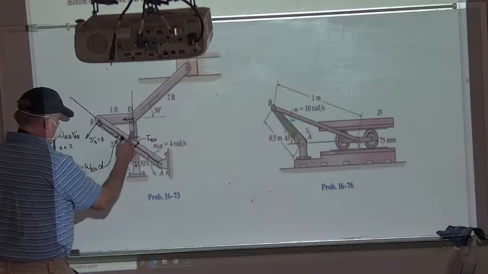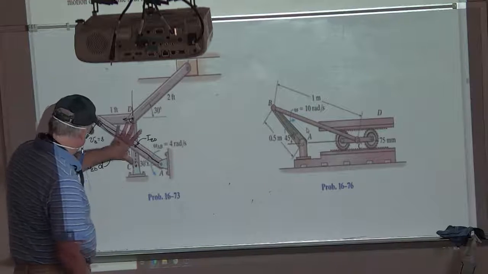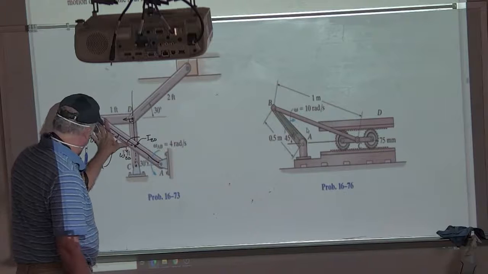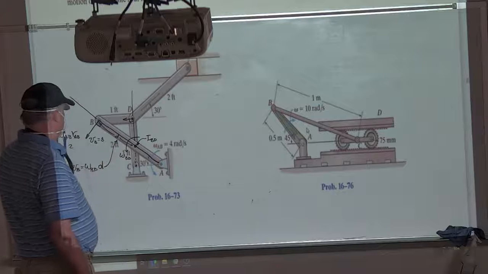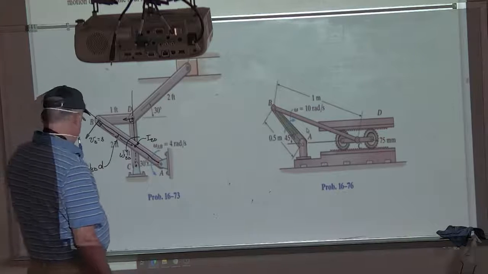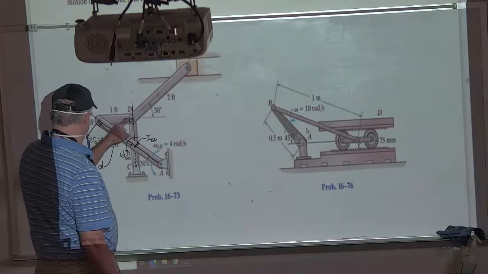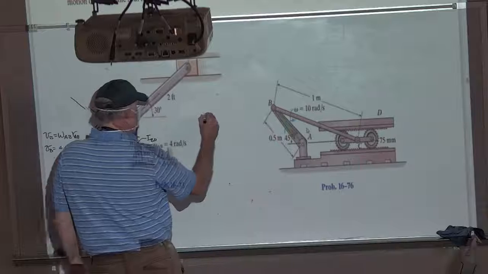I know from here to here is 1. This doesn't look right as far as that looks. Maybe it is. That distance and that. Okay, maybe I'm wrong. So it looks like it's out of scale, but maybe it's not. So 2 to 3 ways I could do it. I could look at this triangle. Let's try that.